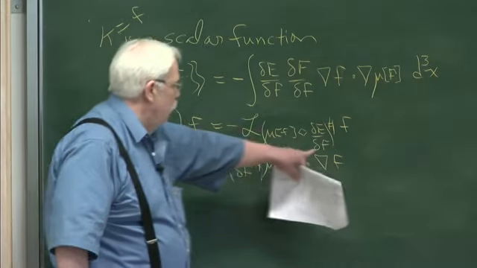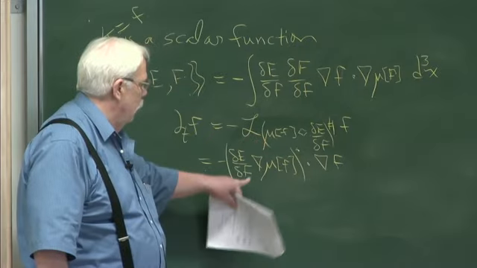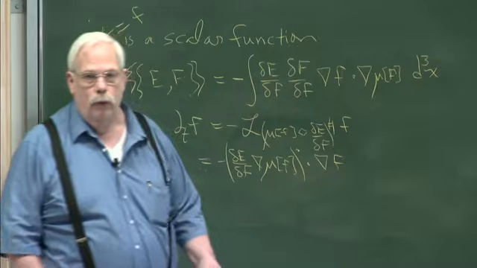The Lie derivative of a function with respect to a vector field is a vector field dotted into the gradient. That's the equation.